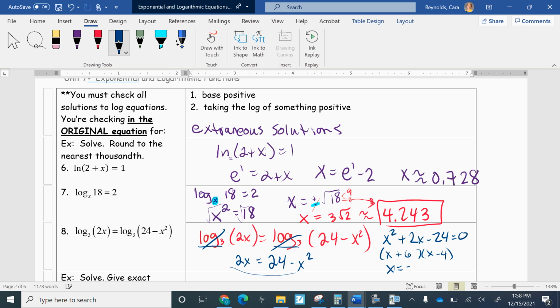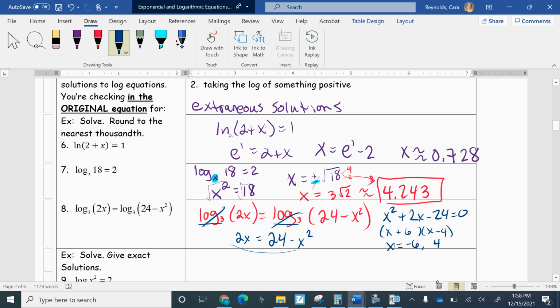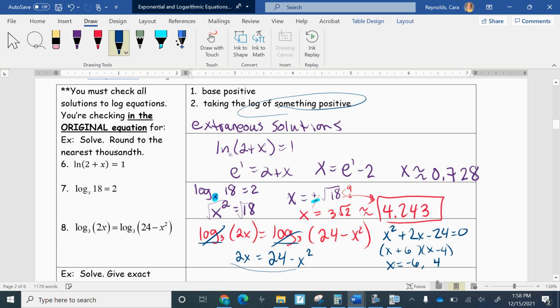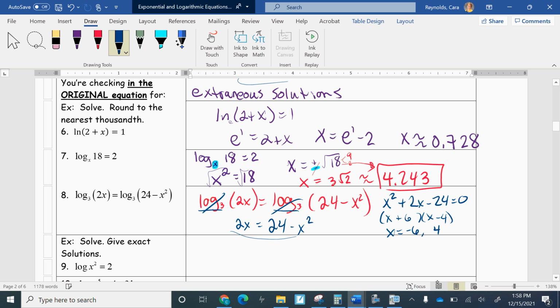And so x is equal to negative 6 or positive 4. Now going back to our original equation, we can't take the log of a negative number. We have to make sure we're taking the log of something positive. If I plug negative 6 in here, it becomes positive 36, but then I'm subtracting and it's negative. Also, if I plug negative 6 in here, this is negative 12. So negative 6 is an extraneous solution, and so 4 is the only answer. This is extraneous. So just be aware of that.